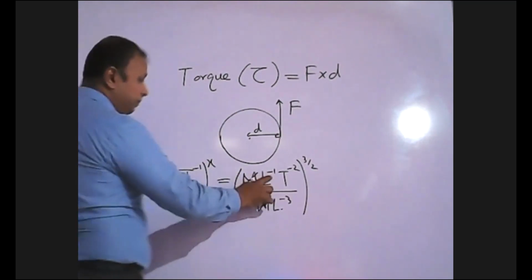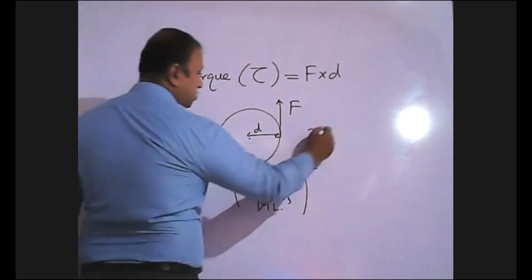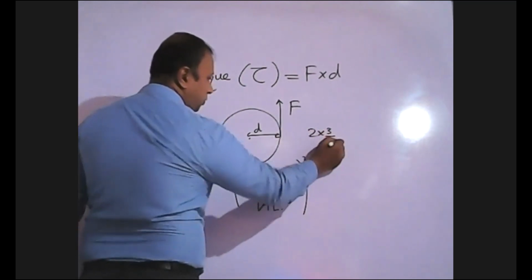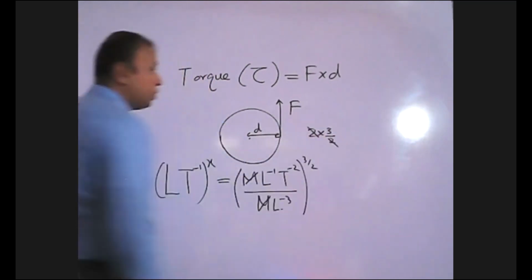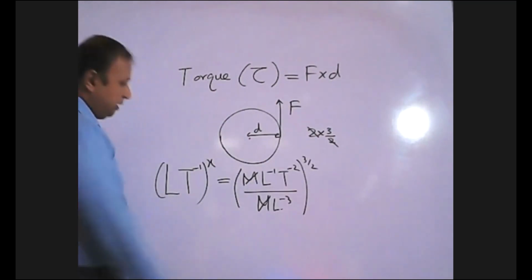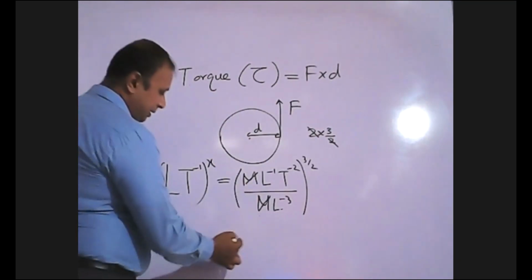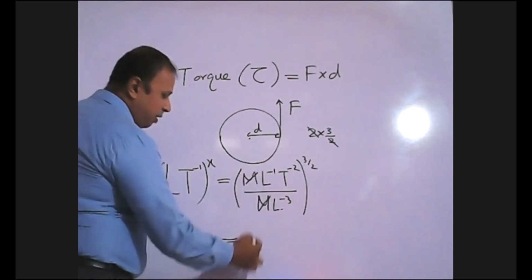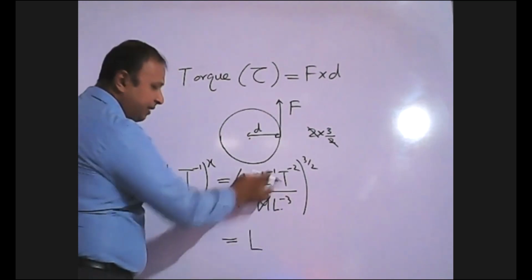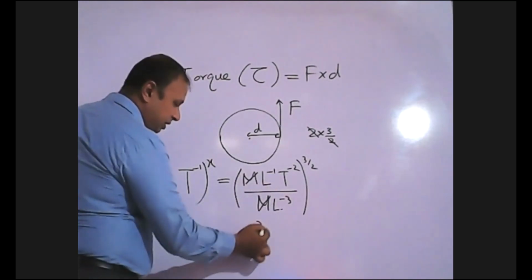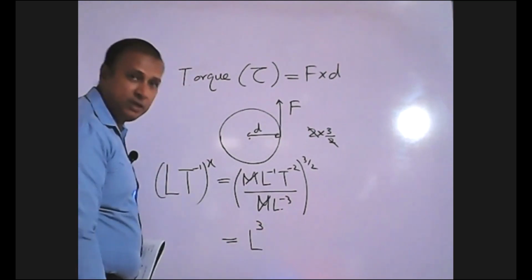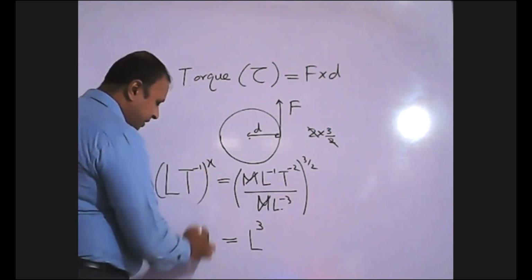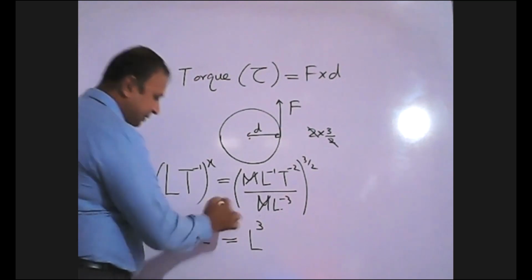You have to multiply plus 2 by 3 over 2. So it is equal to 3. So the power of L in the right hand side is equal to 3. Power of L in the left hand side is equal to X.